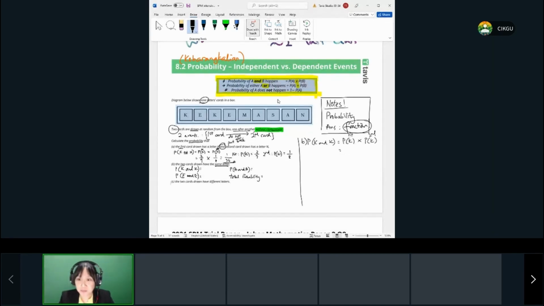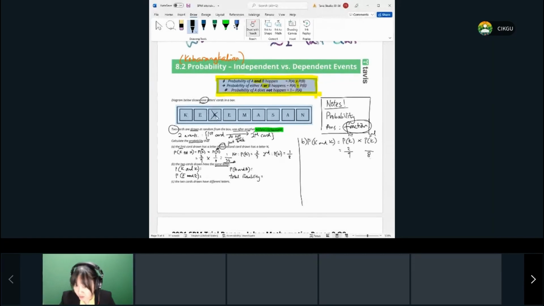Think logically again. What is the probability of picking a K on the first try, in fraction? You have 9 cards in total for the first try. How many Ks are there? 2 Ks. So 2 out of 9. But after you pick 1 K out, you only have 8 cards left for the second run, so it is out of 8, not out of 9.